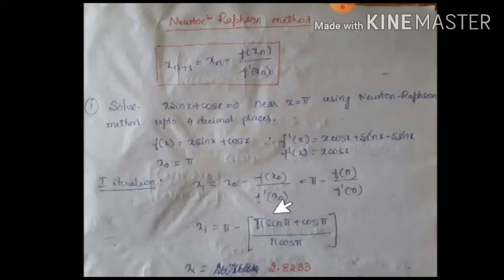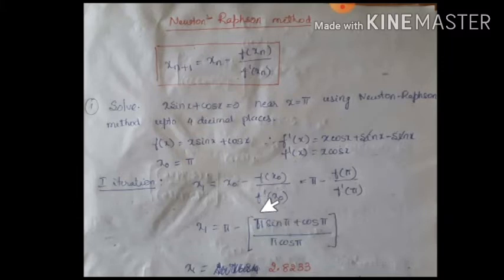Now before starting the calculation using calculator, 2 points you have to keep it in mind. First one, you fix the calculator, how many decimal places they asked you to find the root, 4 decimal places. Hence fix in a calculator to 4 decimal places. Then the given equation is of trigonometric function, so convert degree to radian in the calculator.